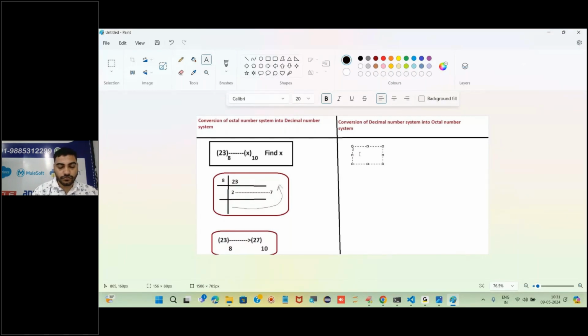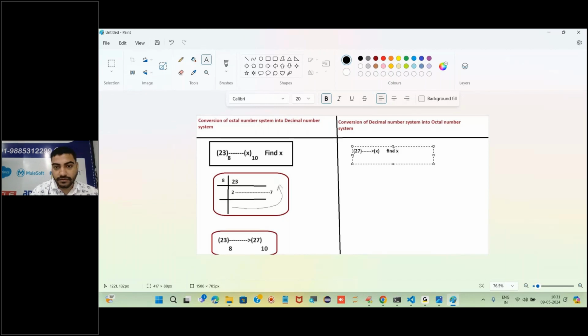This is 27. 27 is what number? Decimal number, right? And we have to convert it into x. So I will write here, find x.